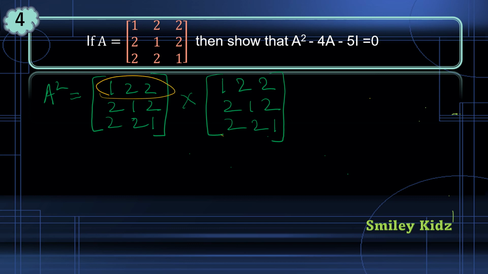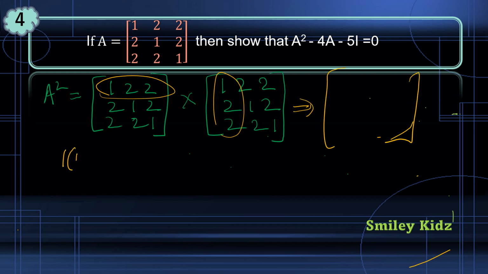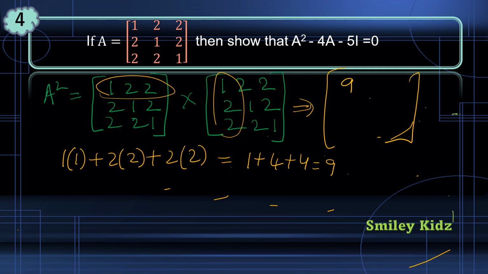Take the first row with the first column. Let's draw the matrix. 1 into 1 plus 2 into 2 plus 2 into 2. What is this equal to? 1 plus 4 plus 4, that is 9. So here we're going to have 9.